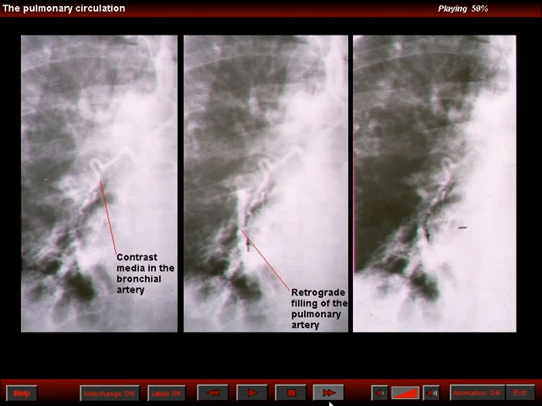This produces a to and fro motion of the radiopaque column. And this is an in vivo demonstration of bronchopulmonary anastomosis with filling of the pulmonary artery from the bronchial arteries and eventually dissipation of the contrast as it goes into the pulmonary capillaries and eventually into the pulmonary veins.